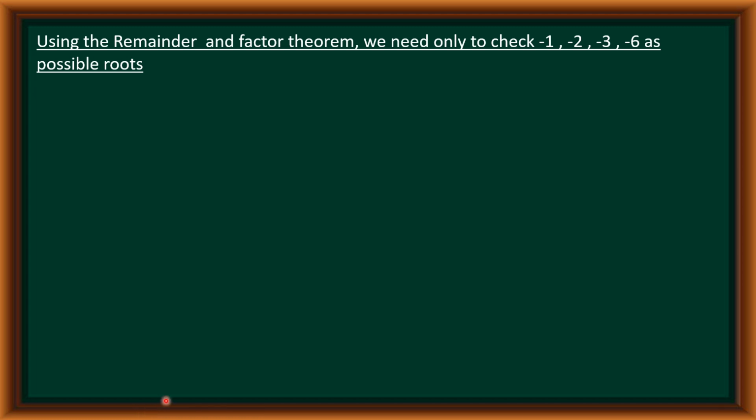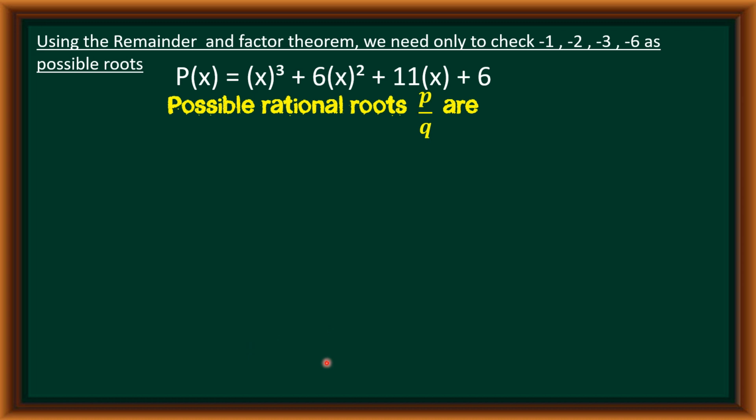Pero i-check na rin natin yung iba para ma-sure natin na talagang hindi 0 yung iba. So, let us see. Okay? Ito yung ating mga possible rational roots, ha? So, 8 yan lahat. Yung mga negative lang muna i-check natin.